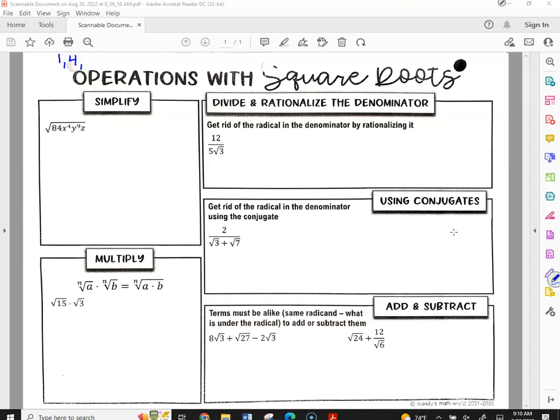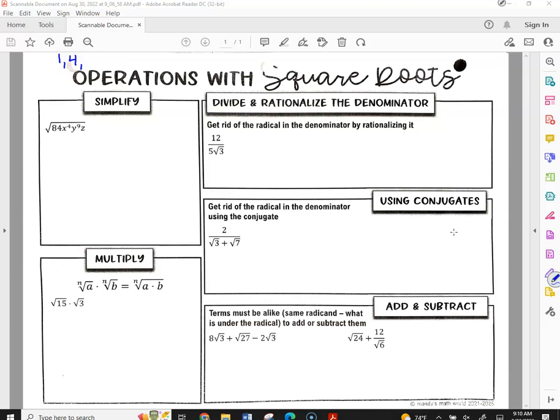Okay, square roots. I want you to list the first 15 perfect squares. And you get that by simply counting. 1 squared, write it. 2 squared, write it. 3 squared, write it. So you shouldn't be writing just the numbers 1, 4, 9, 16, and so on.